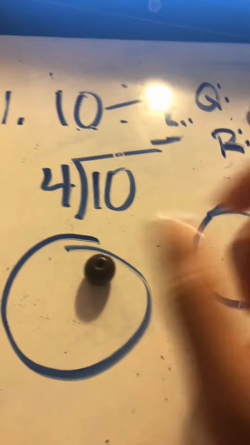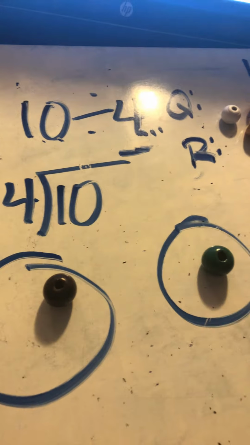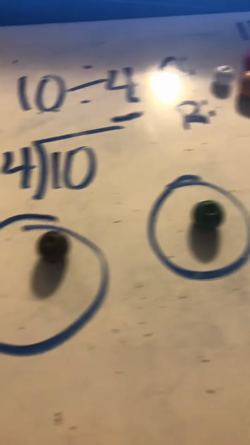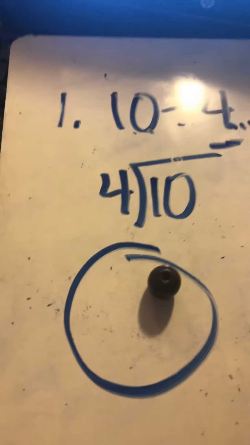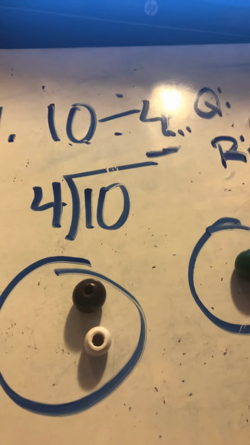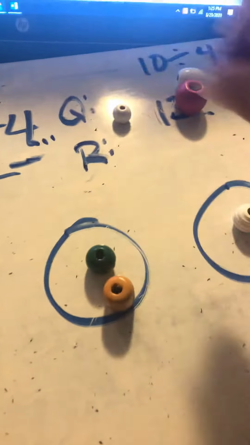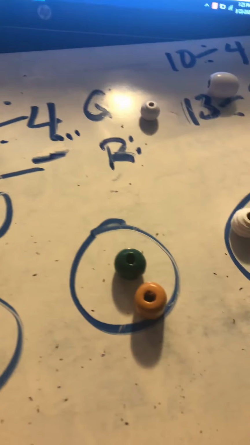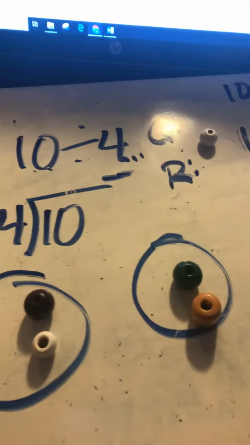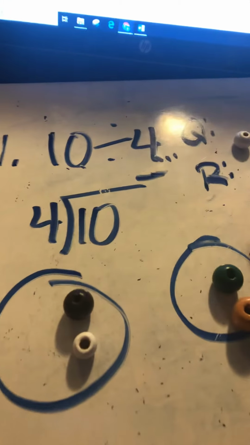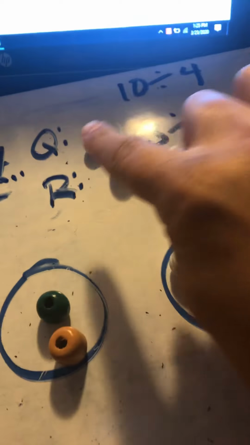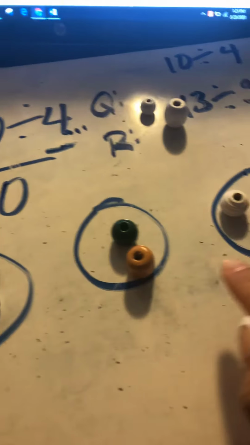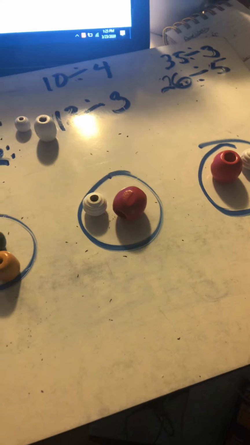So here goes 1, right? 2, 3, 4. All right, so that's 4 groups. And then we're going to start again. 1, 2, 3, 4. Now these two I can't use because I won't be able to put 1 in each of the circles.